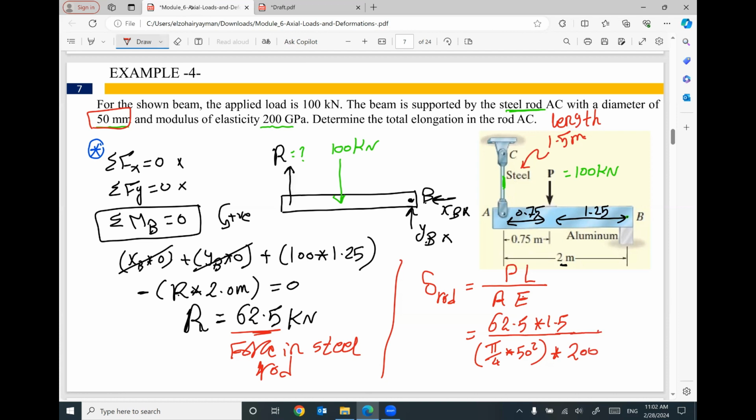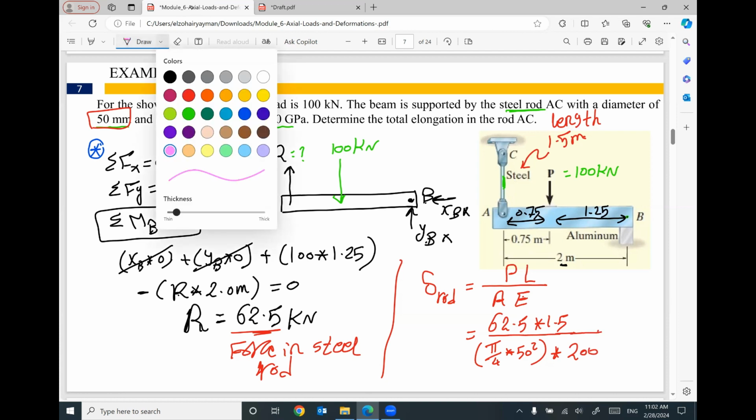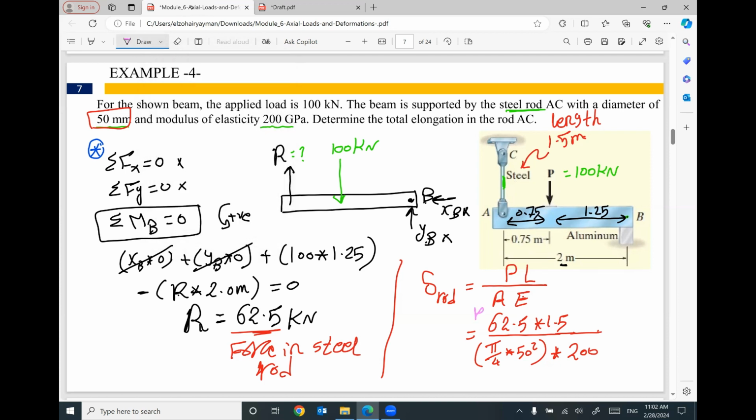I think we have an issue with the units. This one is in kilonewton, this one in meter, this one will be millimeter square, and this one gigapascal. So I'm going to multiply it by 1000 to be in megapascal. Megapascal means Newton per millimeter square.